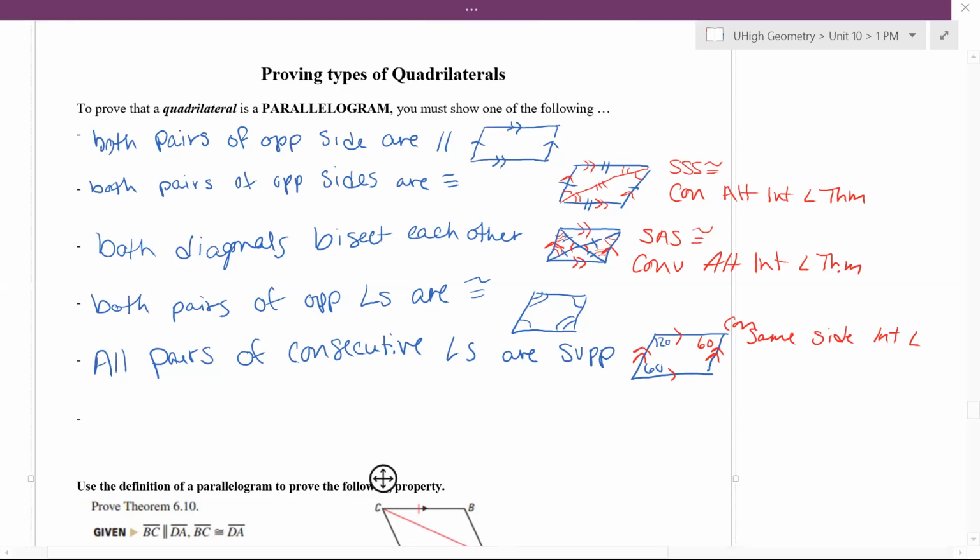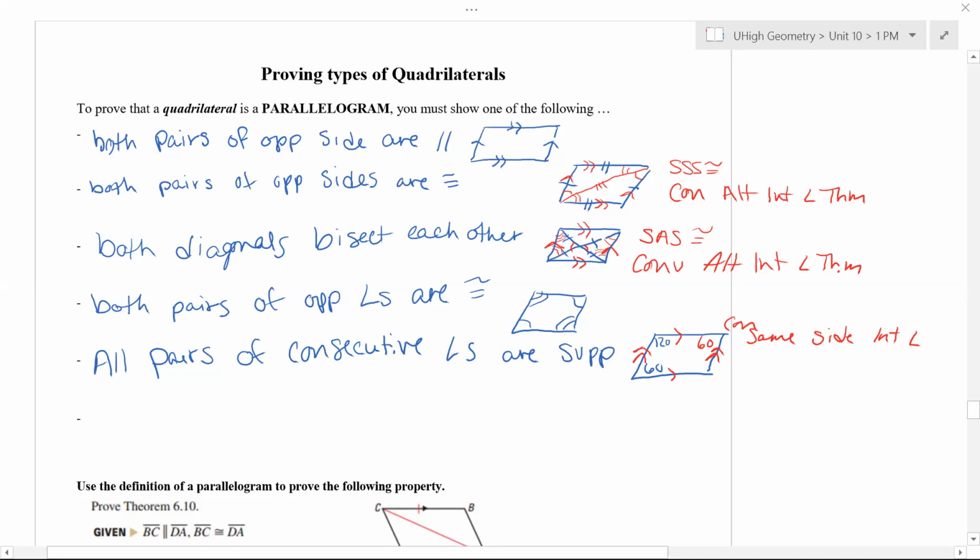All right, and the last way, and this is the least intuitive way I would think, so we are going to do a proof of this last one next. If we have one pair of sides congruent and parallel to each other.